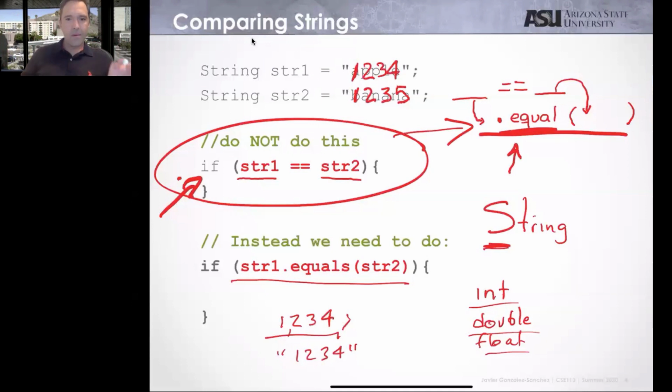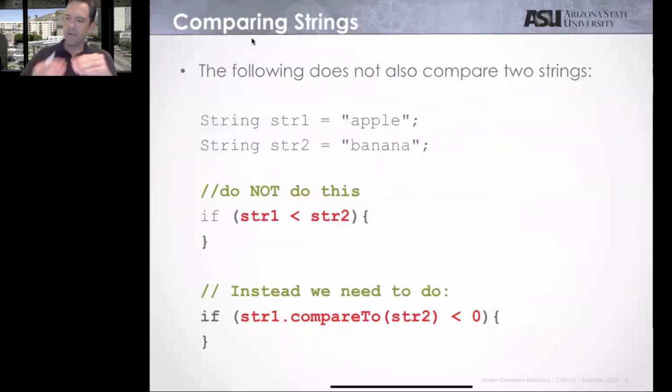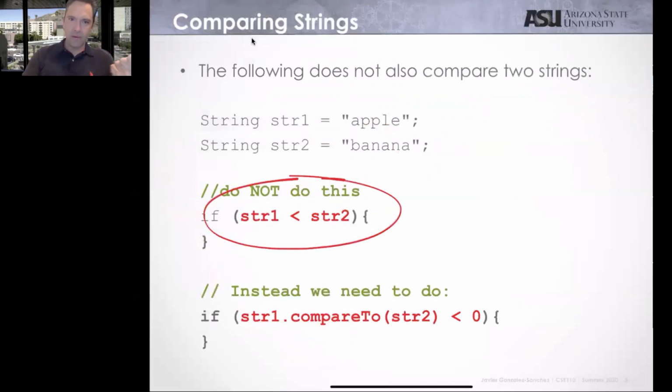Now, what happens if instead of equal, I want to ask for another relational operator, like lower than or greater than? Similar idea. If you do something like this in your compiler with these variables being strings, that is an error.